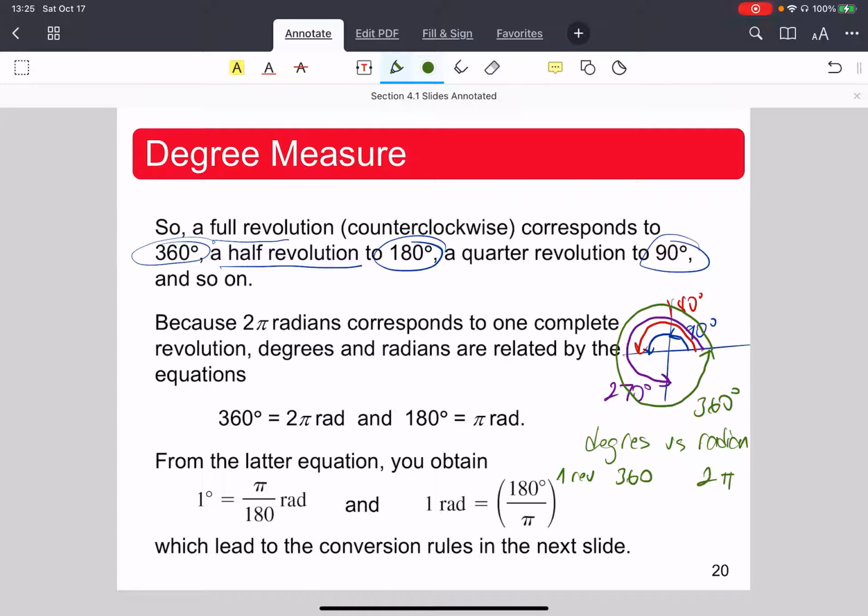So 360 degrees must be the same thing as 2 pi. That's how we know these two measures are the same. Or for one half rotation instead of one full rotation, we have 180 degrees, the same thing as pi. So this is how we relate these two.